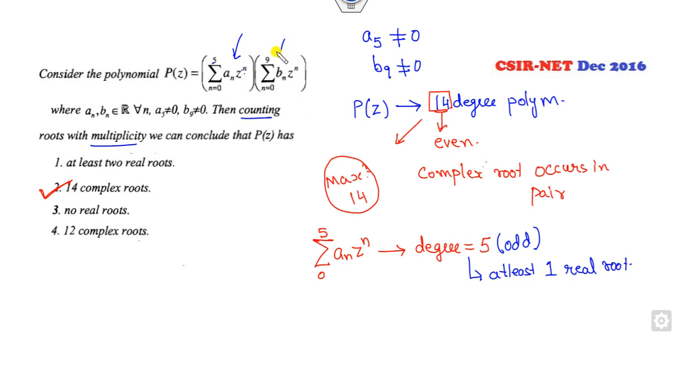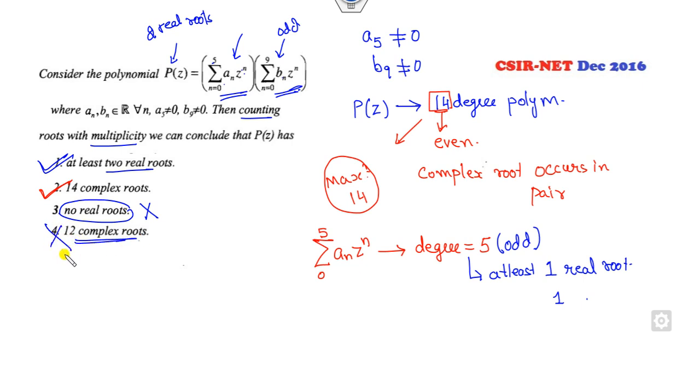Fine. This is also of odd degree, so it also has at least 1 real root. So what about P of z? It has at least 2 real roots, because 1 corresponds to this, 1 corresponds to this. So at least 2 real roots is correct, while no real root is cancelled out, and 12 complex roots is cancelled out.